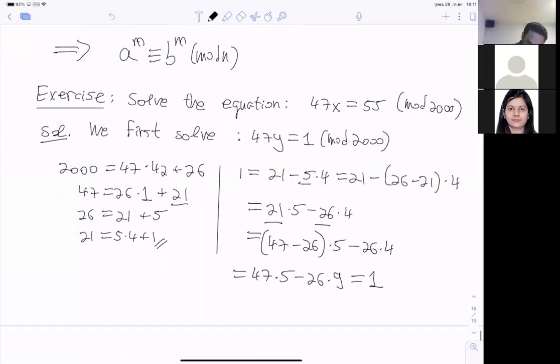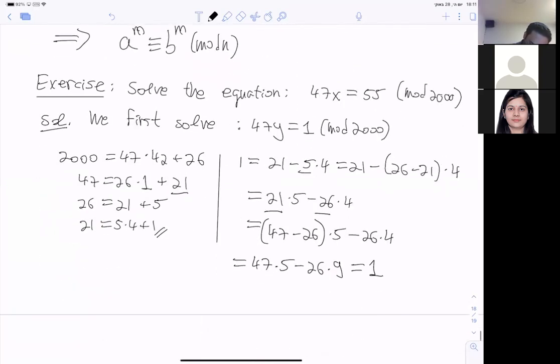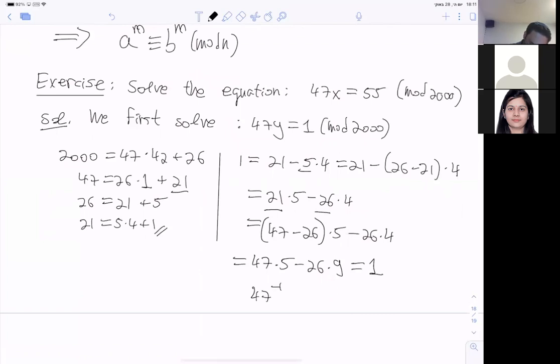So what is the inverse of 47? Just a minute. I didn't finish. Missing step, right? Of course, I have to find it modulo 2000. Okay, so it didn't finish yet.